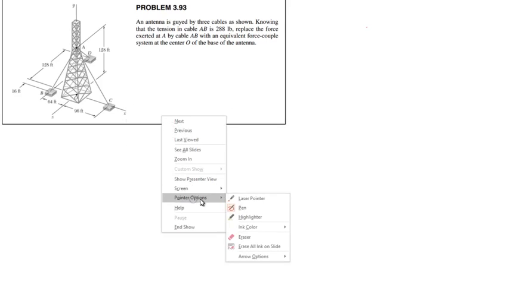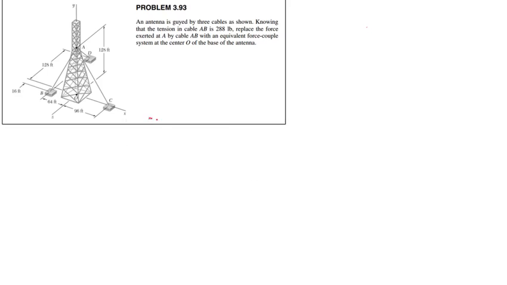So we have this force here. Let's see, AB. Oh, this is ugly. The force exerted at A by cable AB. So we want this force here, basically, right? Down. And it's going to be down because this is in tension.